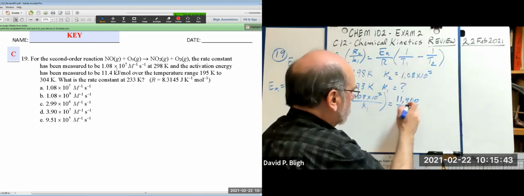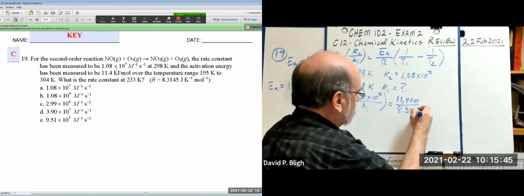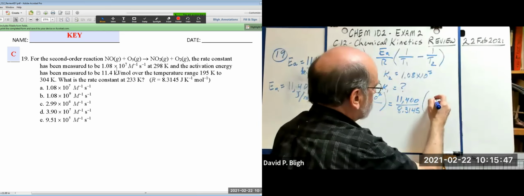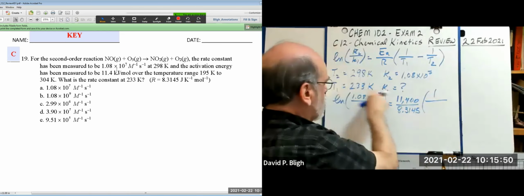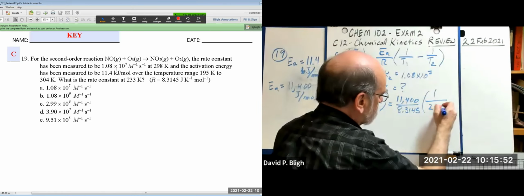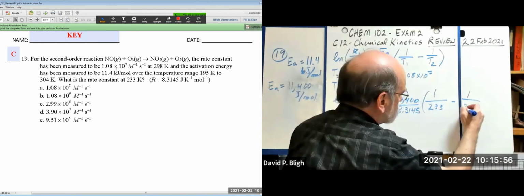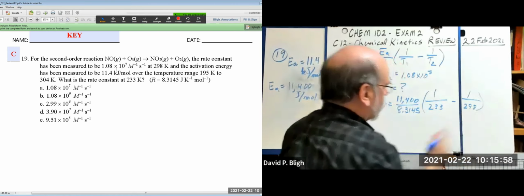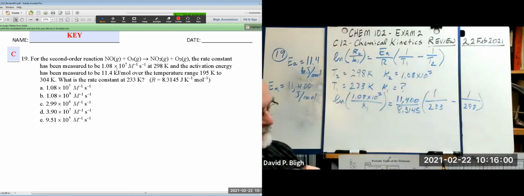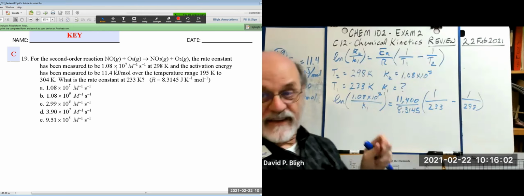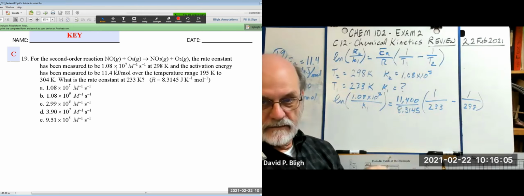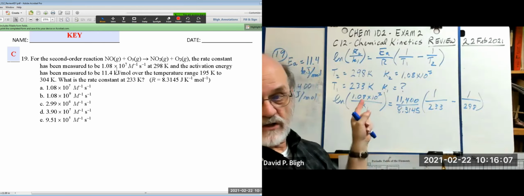Over 8.3145. And then the temperatures, the T1 is 233, and then the T2 is 298. There you go. Now, the thinking part is done. The rest is crunching numbers.